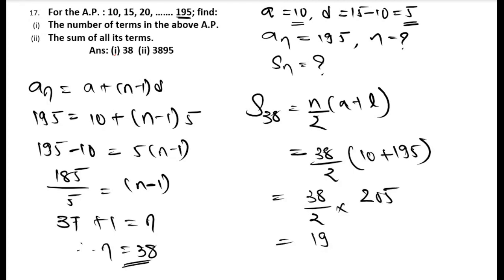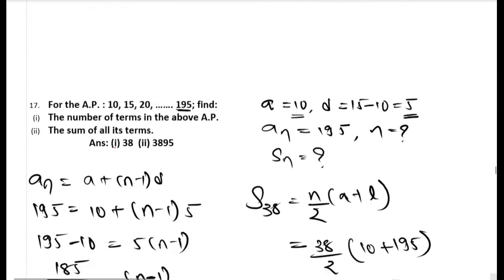So 38 by 2 is 19 into 205, which is, check, 3895. 3895, yes. So that's the sum of all its 38 terms. Very easy question, very simple topic, formula based.